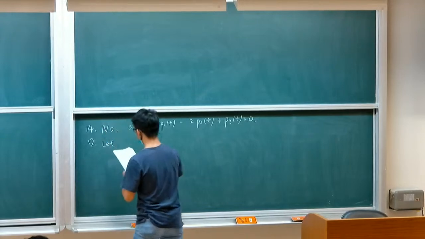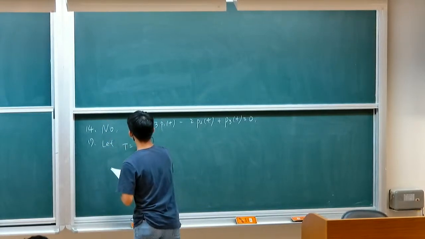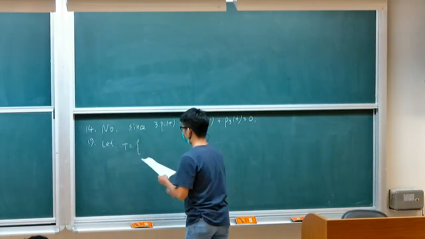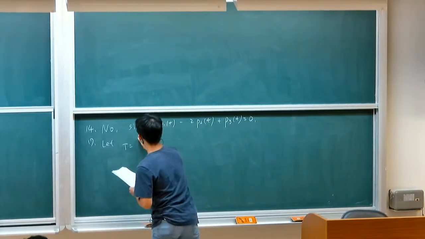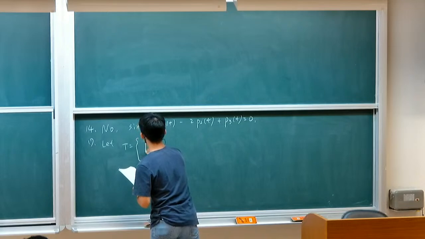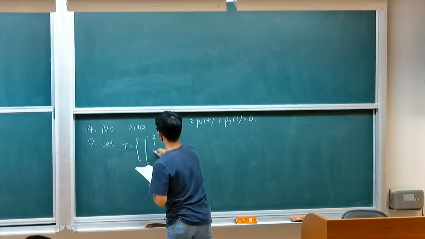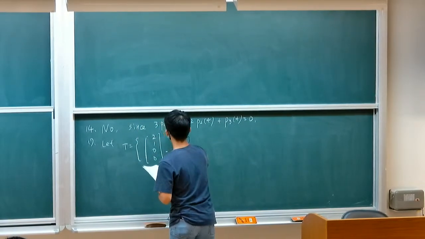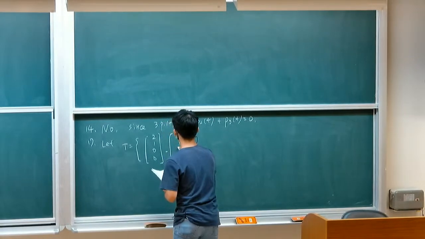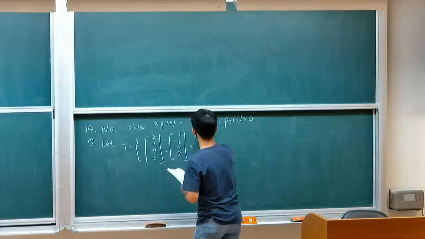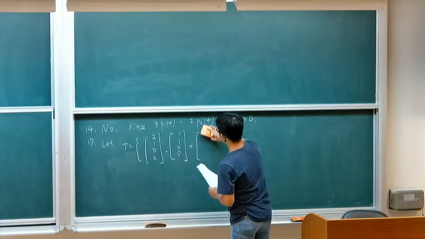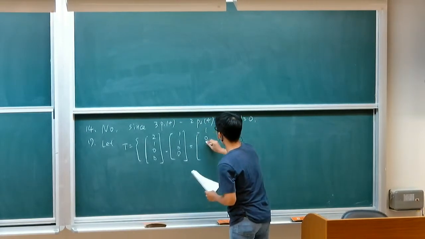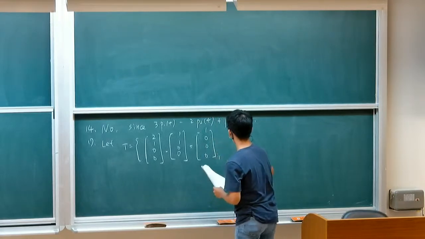So first we construct this set. And this gives us 1 0 0 0.